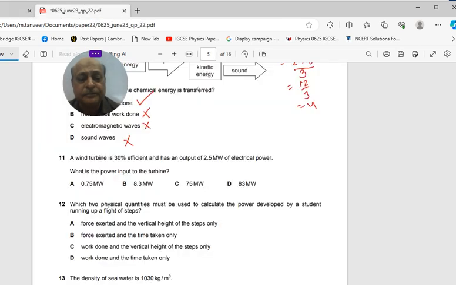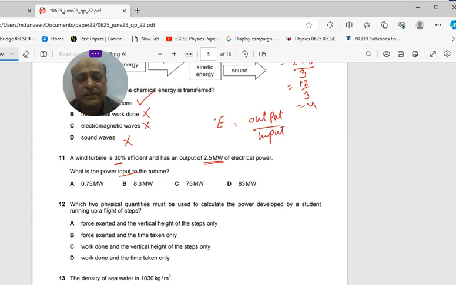So question number 11. A wind turbine is 30% efficient and has output of 2.5 megawatt of electrical power. So efficiency is given. Output is 2.5 megawatt. What is the input? You know that efficiency equals output over input multiplied by 100.